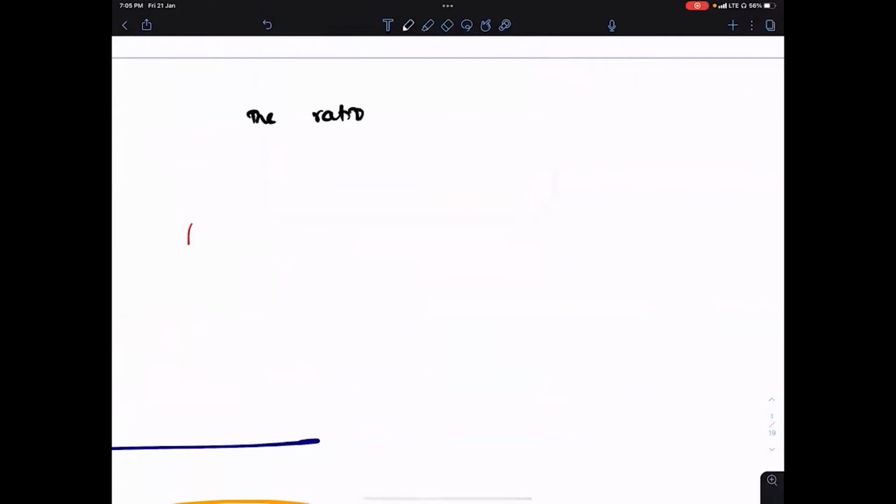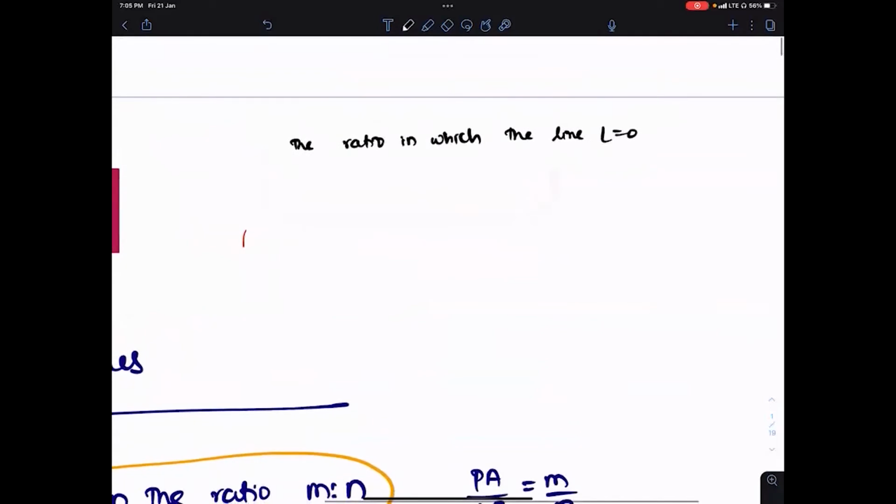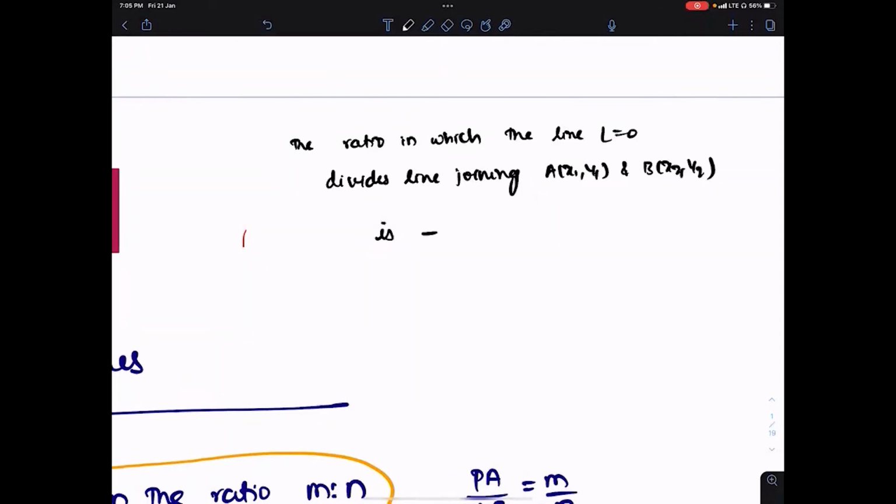The ratio in which the line L equal to 0 divides the line joining A x1 y1 and B x2 y2 is minus L of x1 y1 by L of x2 y2.